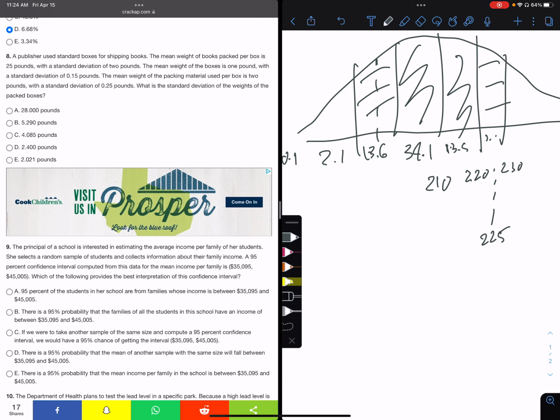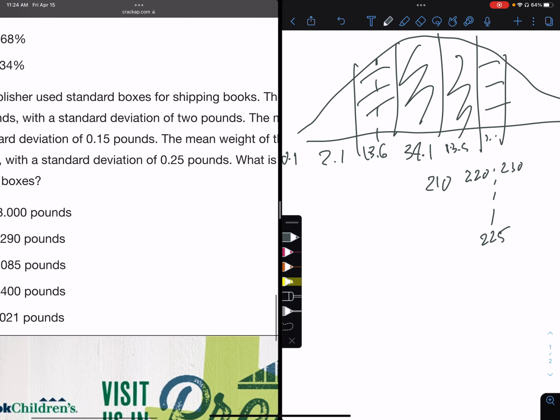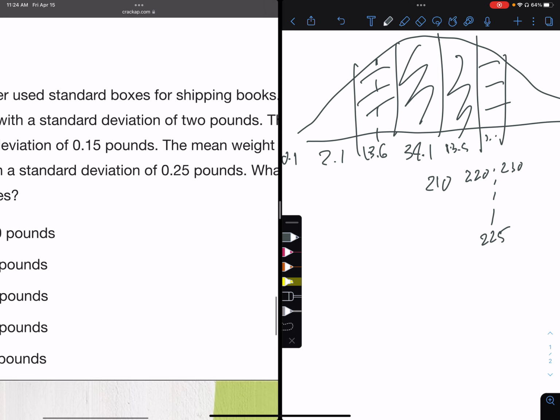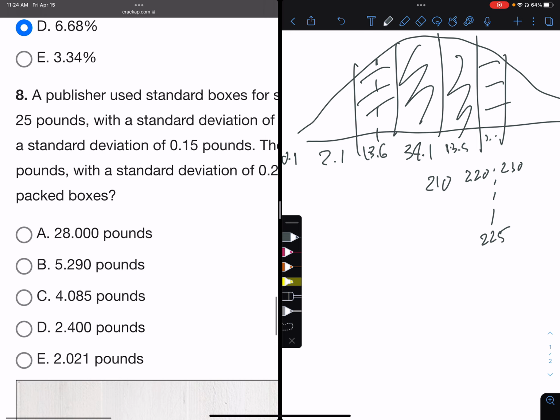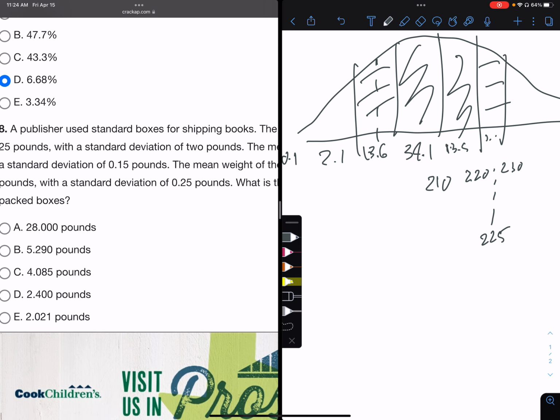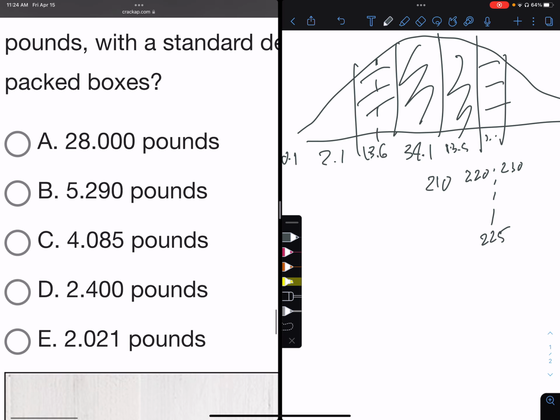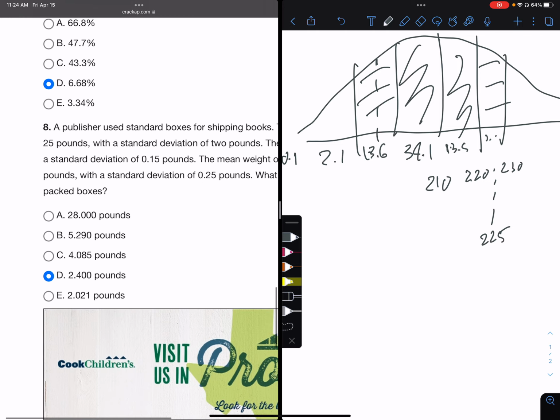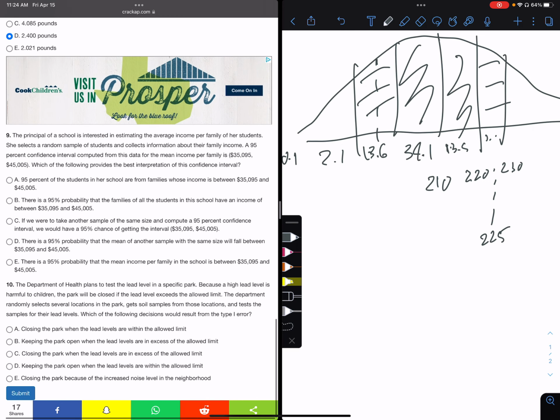Oh, I do not like this question. Well, do we just add all the standard deviations together? Because this standard deviation is 2. Then this is saying 0.5. This is saying 0.25. So then we just add that, right? It's like 15 plus 25 is 40. Plus 2? Is it this? I don't know. We'll see.